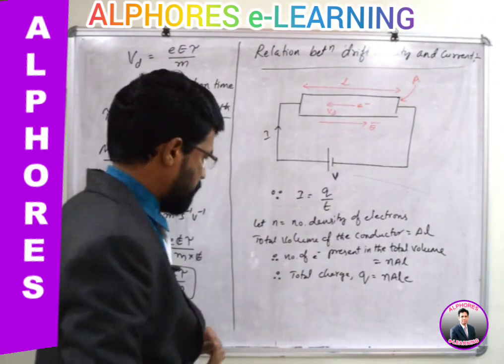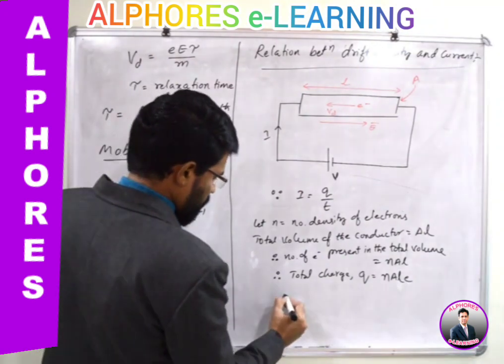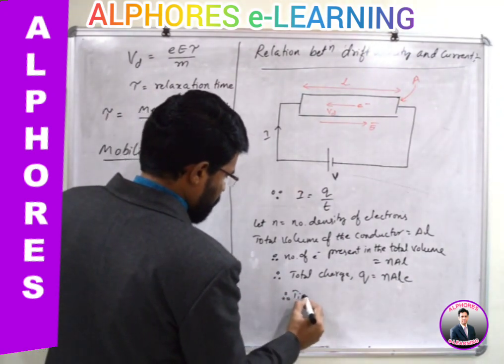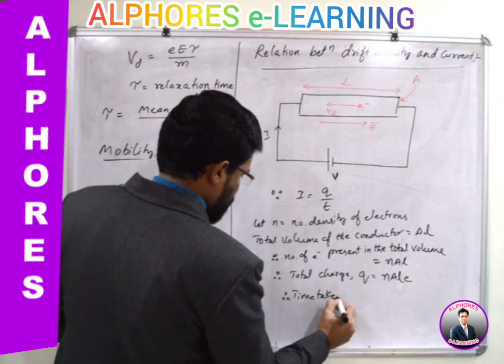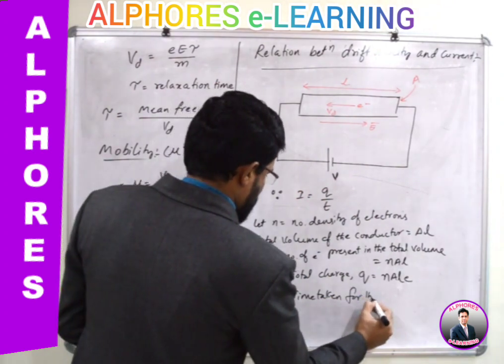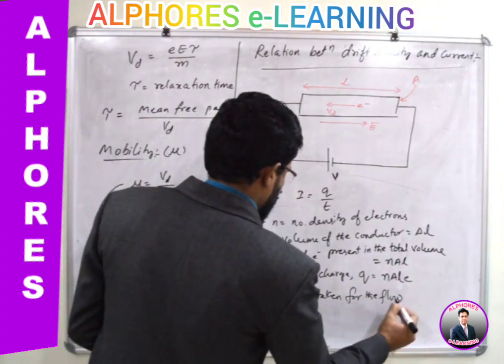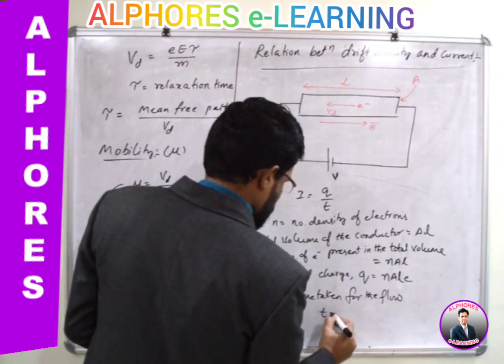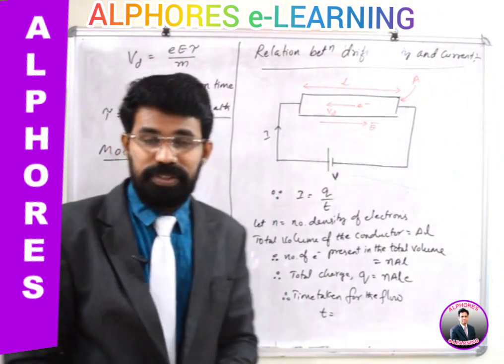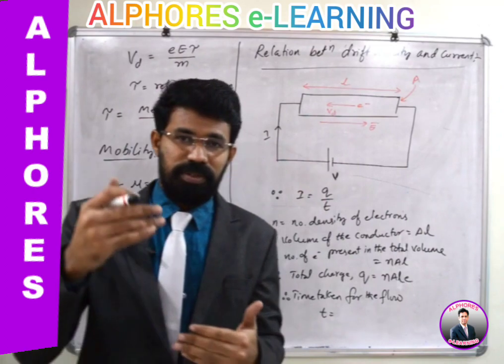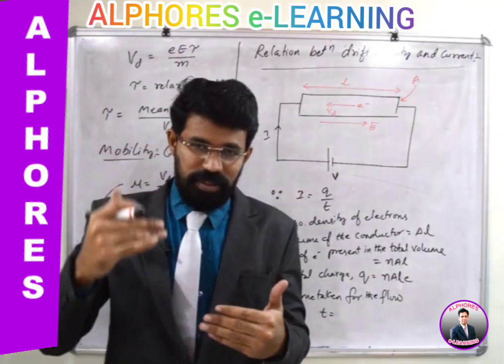Let us find out what this T is. T, the time taken for the flow. T can be expressed in terms of velocity. Velocity is equal to displacement by what? Time taken, right?